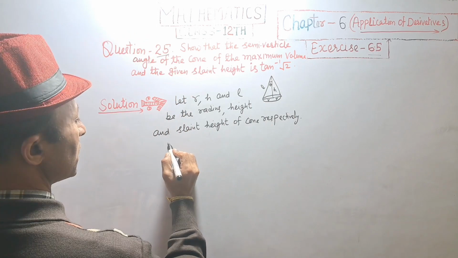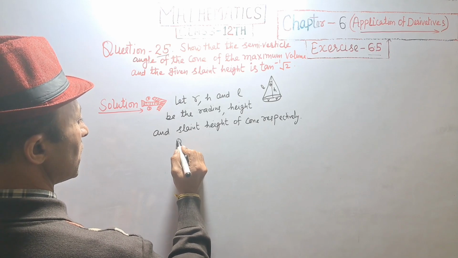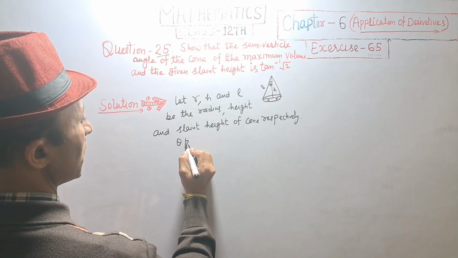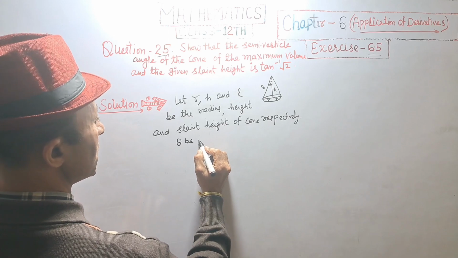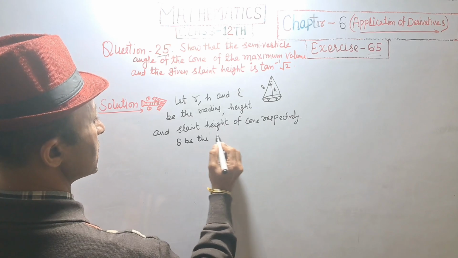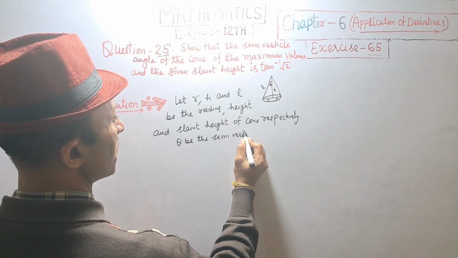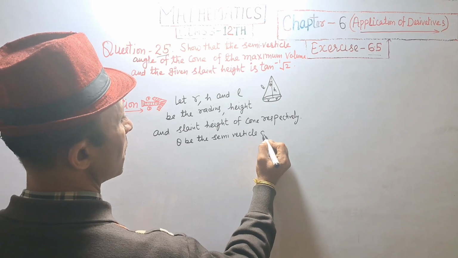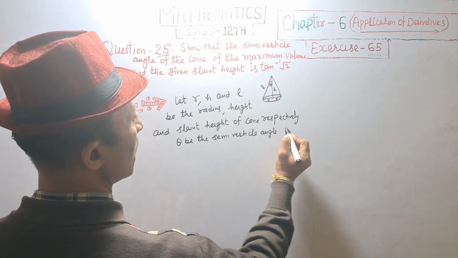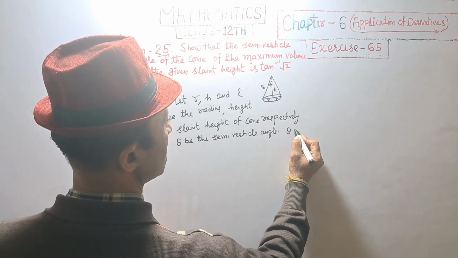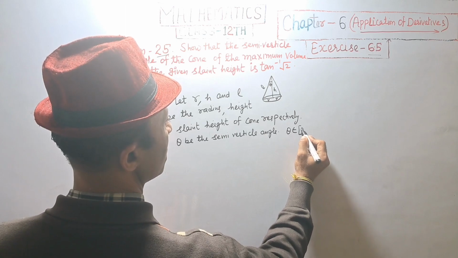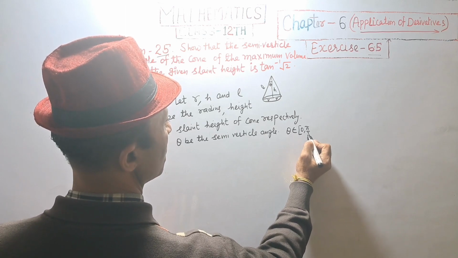Let theta be the semi-vertical angle. Theta belongs to the closed interval 0 to pi by 2.